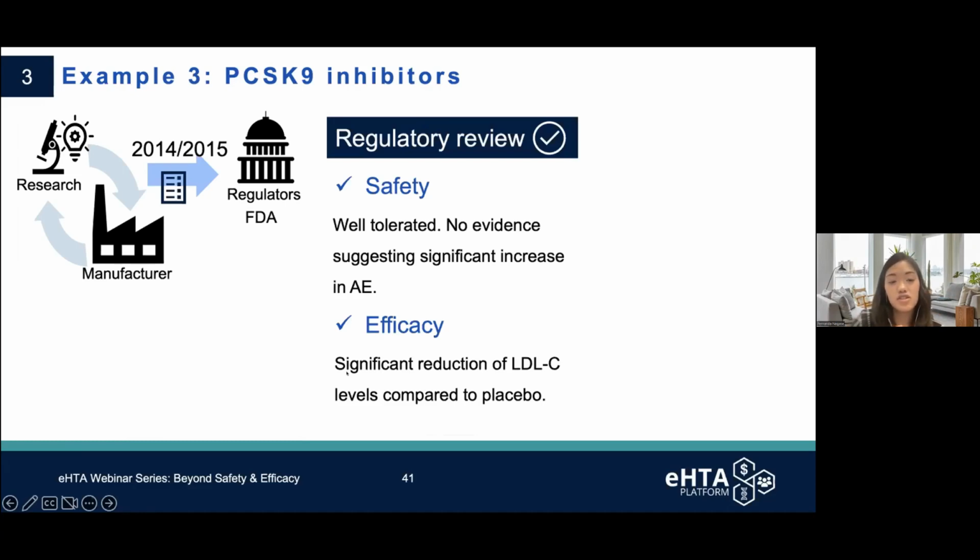The product has been shown to significantly reduce the levels of bad cholesterol compared to placebo. And then they felt that, again, the benefits outweigh the risks. So in 2015, both of them got approved. Yay.